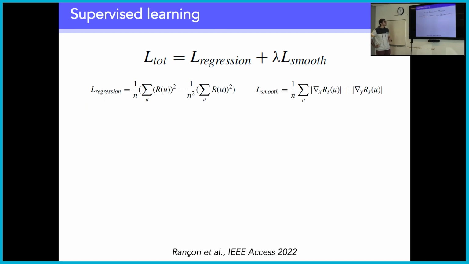Just to give you more information, the loss that we used actually combines a regression loss and a smoothness constraint. The idea of the smoothness constraint is to preserve local continuity in depth values, but also to take into account the fact that sometimes the depth is a bit broken.